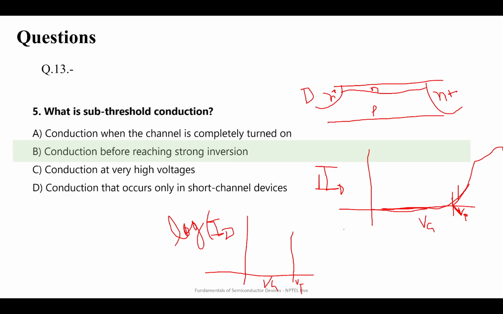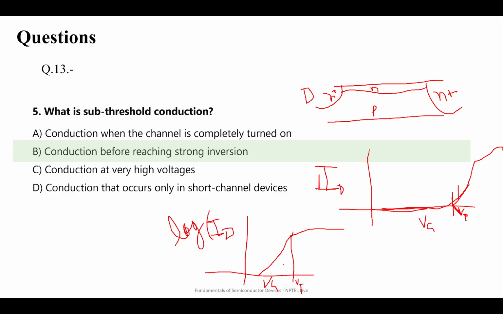Above VT I have a very high current, but below VT I will also have a linear-like region. So the dependence on VG here is less, and the dependence on VG here is very high. It's in log, so you can see in log ID this region is very flat, very linear.